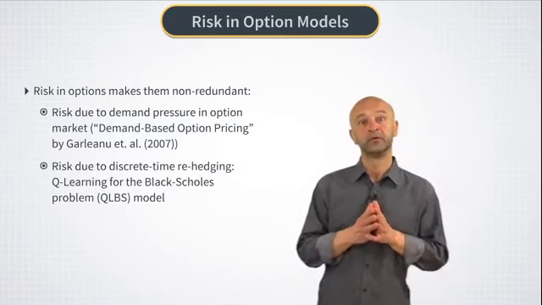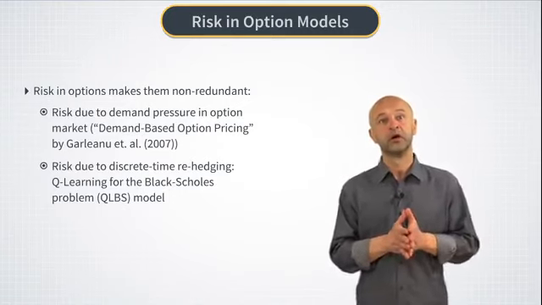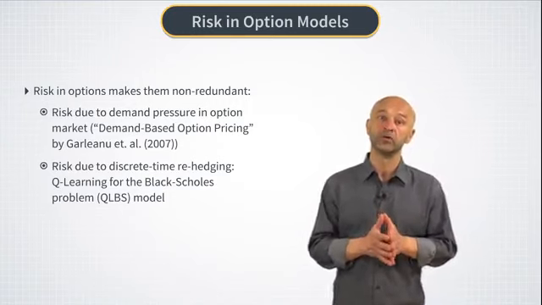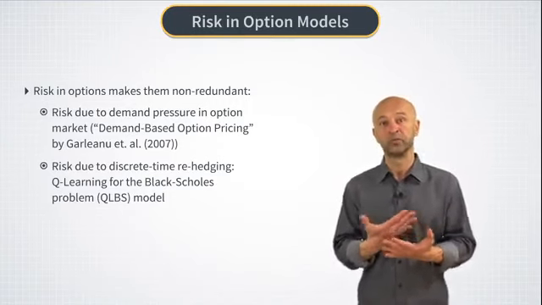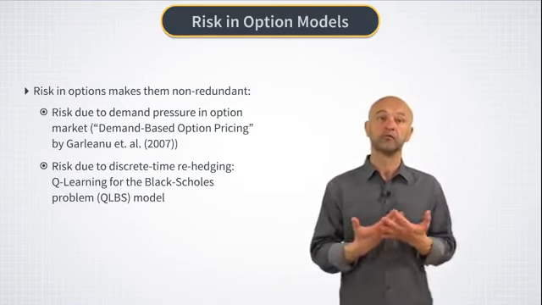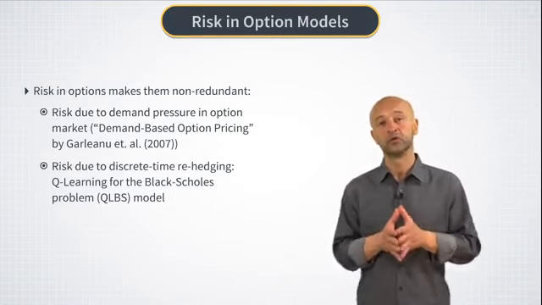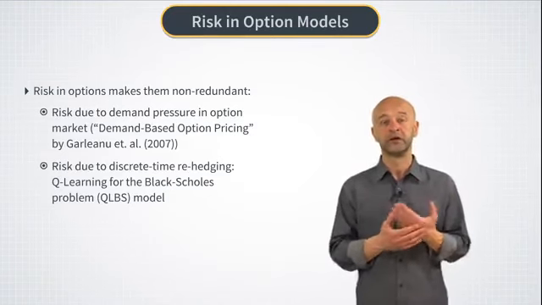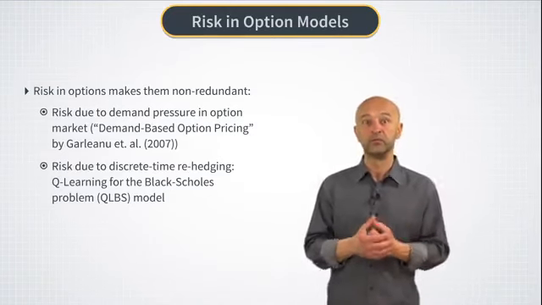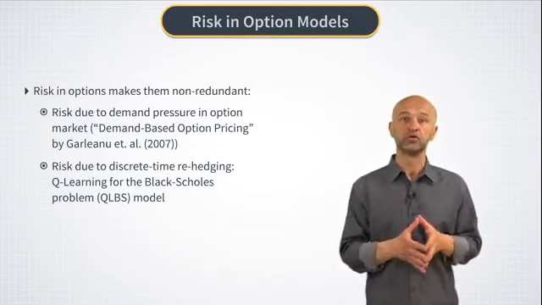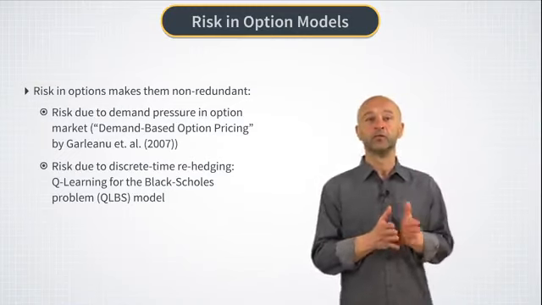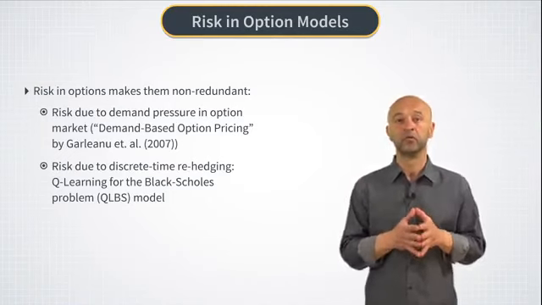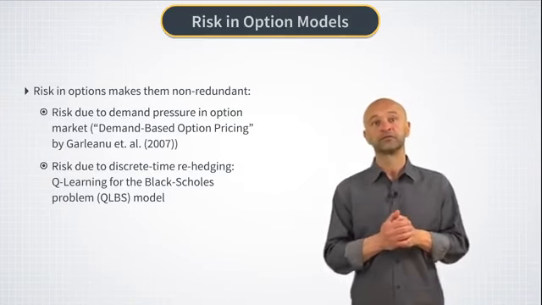And as we discussed in this previous course, rewinding back the continuous time limit of the original Black-Scholes model is the simplest possible way to remove the assumption of a perfect hedge made in the original Black-Scholes model. And the net result of such unwinding is that the option price receives a risk premium that to the first degree is proportional to a sum of variances of the hedge portfolio across hedge times. This is a similar effect to one obtained by Garleanu and co-authors.